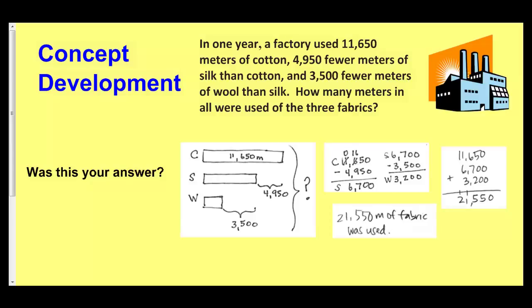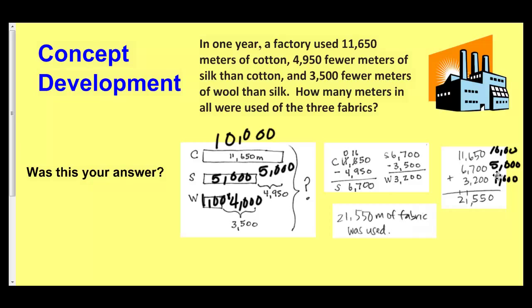Now this doesn't show where I estimated. If I was going to estimate, I would say that there were about 10,000 meters of cotton, and about 5,000 more meters of silk, which would give me 5,000 meters of silk. Then about 4,000 meters more of wool, which would give me 1,000 meters of wool. So I would have 10,000, 5,000, 1,000.